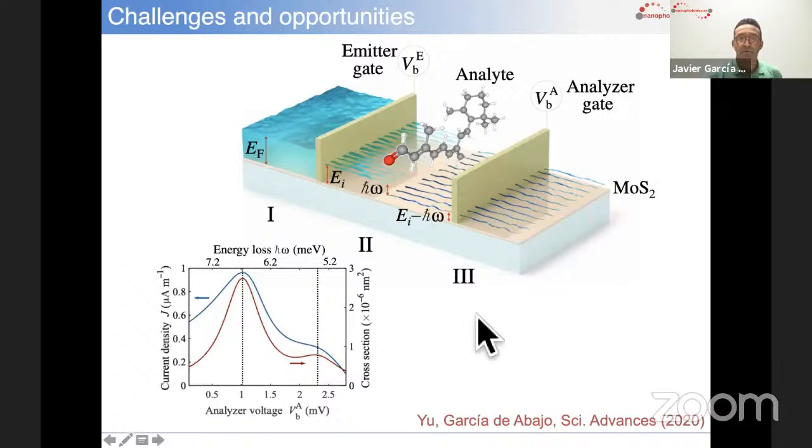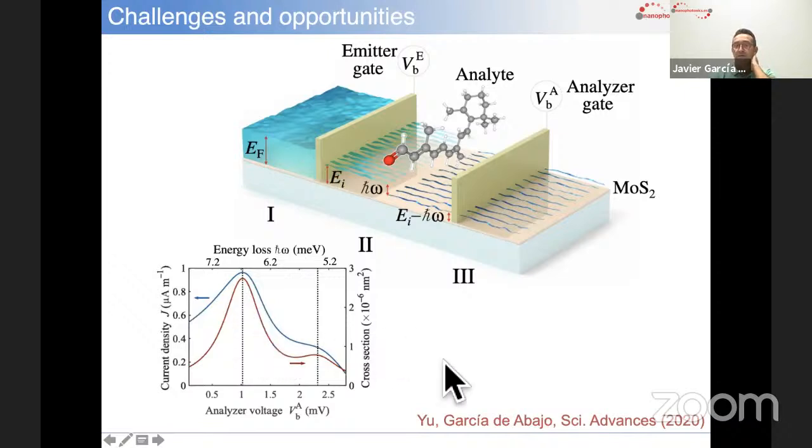The last example is this proposal in which you have ballistic electrons, so they should behave nearly as free, for example, in two-dimensional semiconductors. And then with the help of potential gates, electrons could be filtered and then energy analyzed. And then you can also have energy losses similar to those in electron microscopes, only in a two-dimensional device.